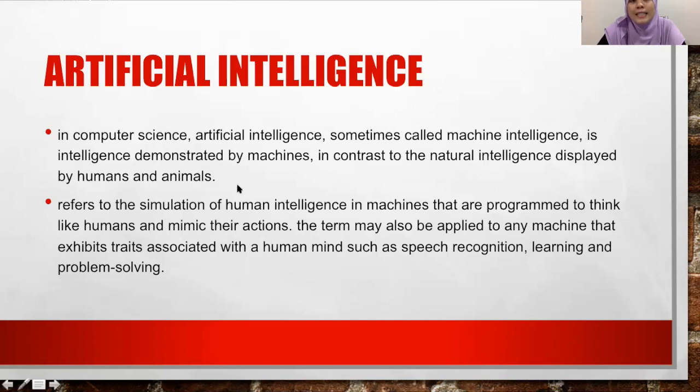So it is intelligence demonstrated by machines in contrast to the natural intelligence displayed by humans and animals. This is why some people are quite nervous about artificial intelligence, because it has made humans quite lazy, but at the same time, it is challenging us. Because with artificial intelligence, the computers can do 1,000 math questions in a second. We cannot answer a math question in an hour, right?